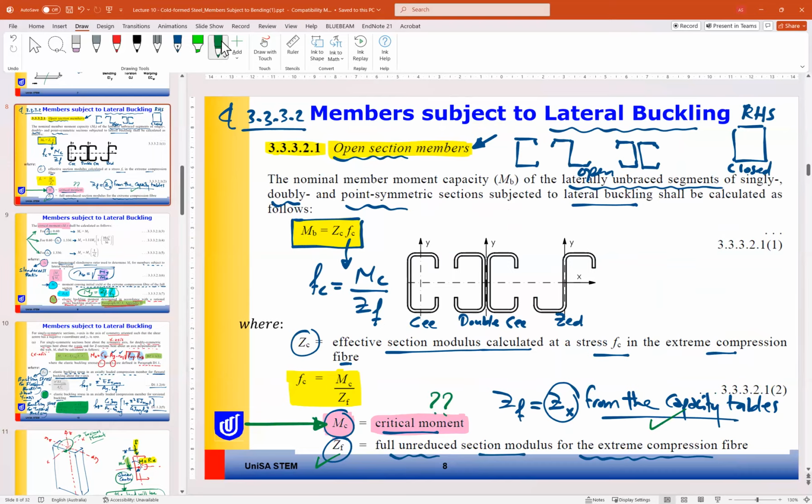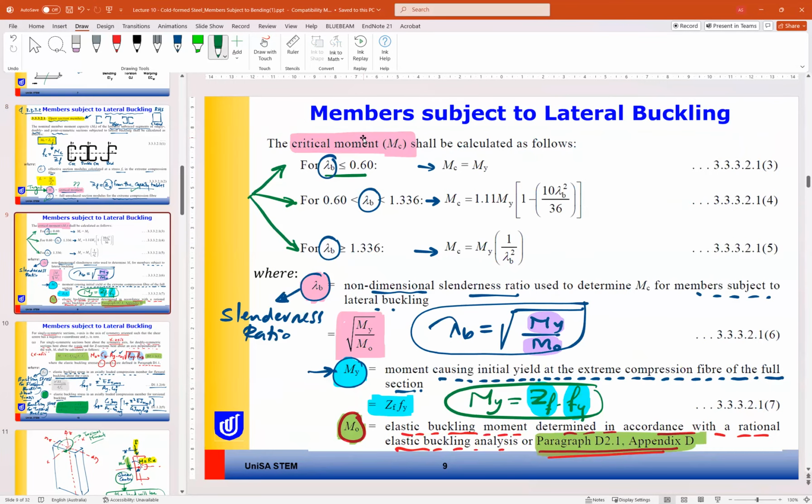So for this calculation, our target is MC. How to find MC? To find MC, we need to find lambda b first. Then we decide which case to select for MC. So for lambda b, we need to find My and Mo. My is simple, since we have ZF and fy, so we can find My easily.